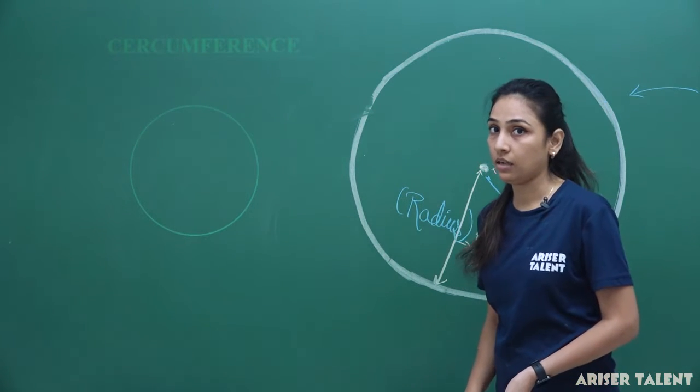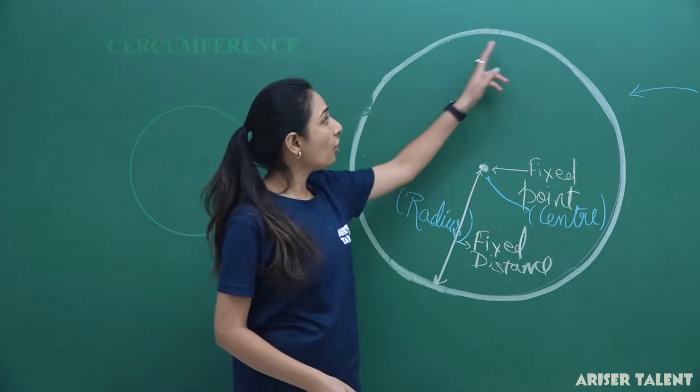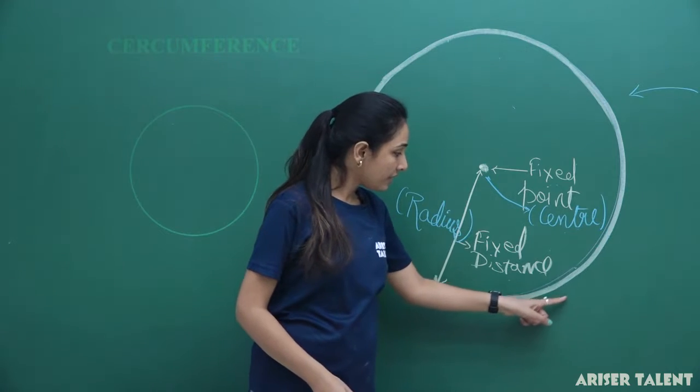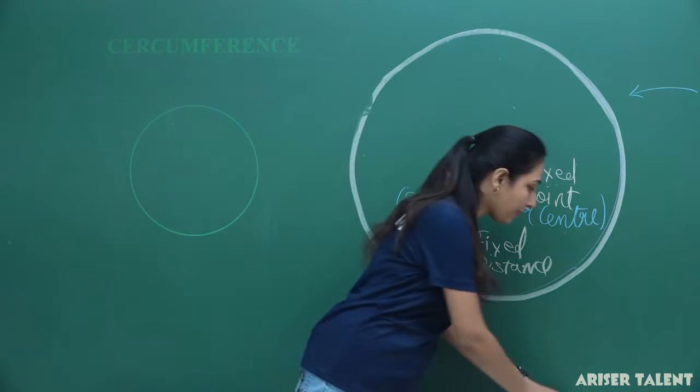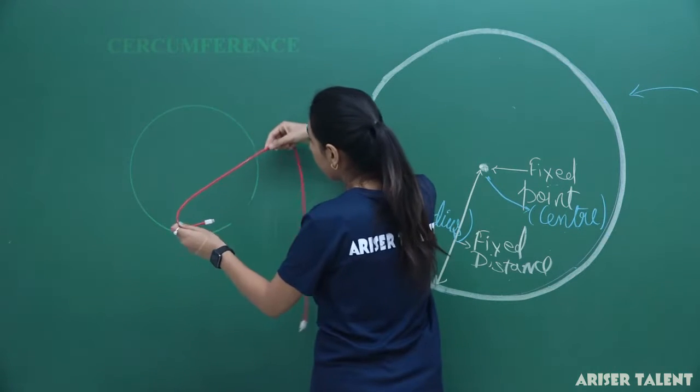Circumference of circle, this path that is followed, this complete path, okay. Likewise, if I am having this cable, it's a very good example.